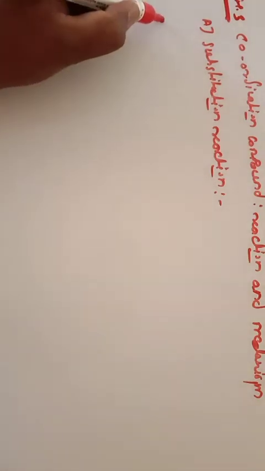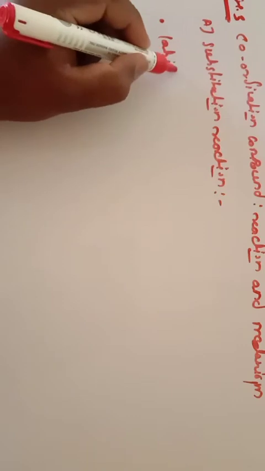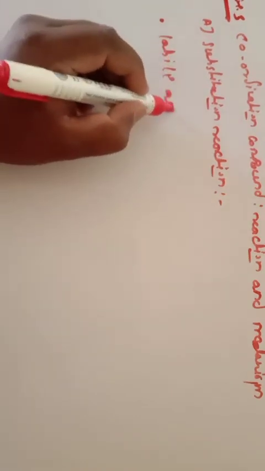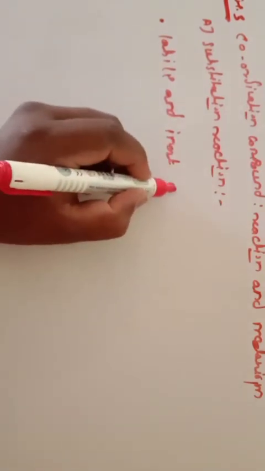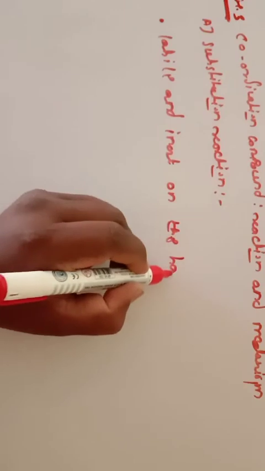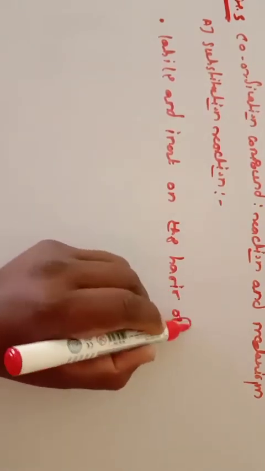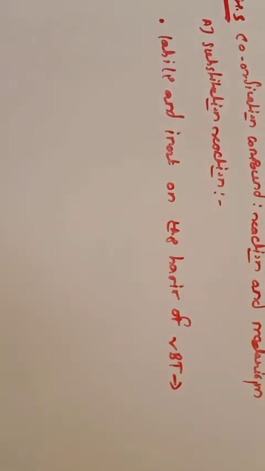The first important point is the lability and inertness on the basis of VBT, valence bond theory. So how can this VBT explain lability and inertness? Let's discuss one by one.